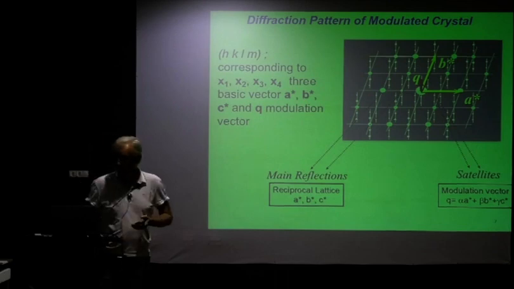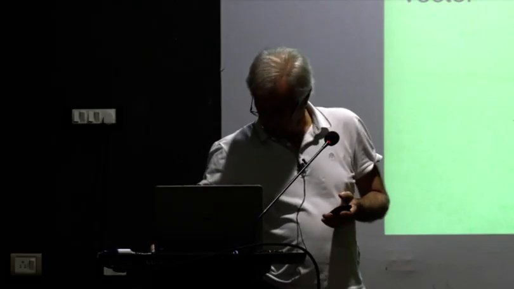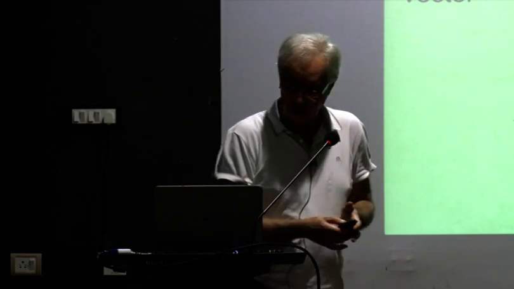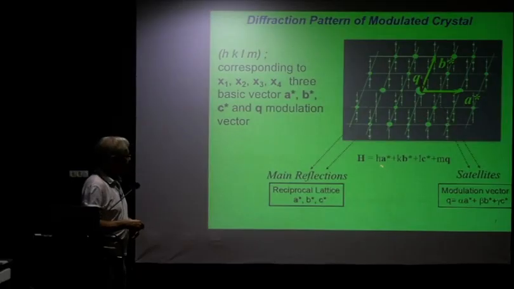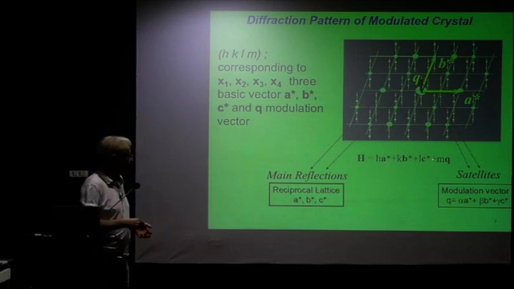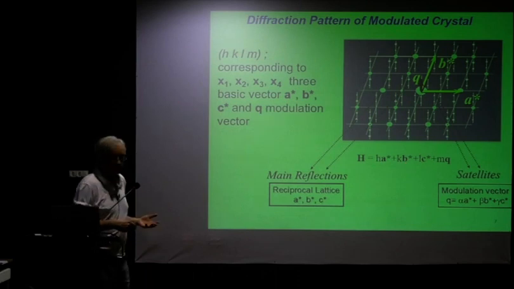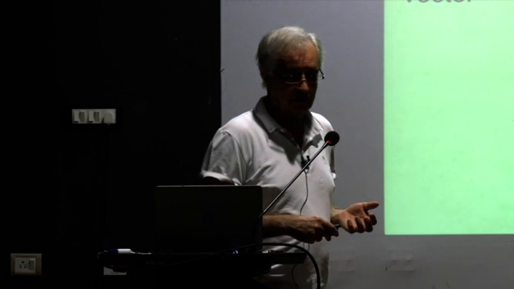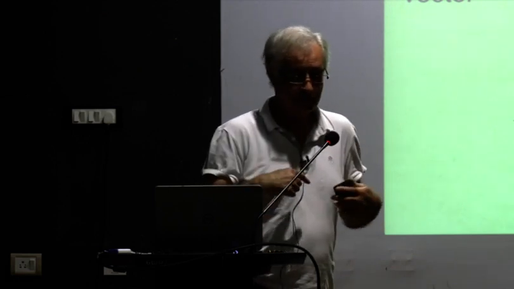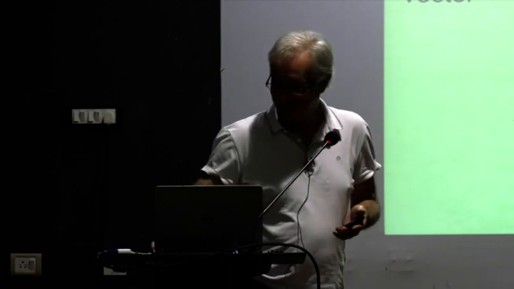So you have satellite peaks, and you have modulated structures, and your whole periodicity is then described not in 3 dimensions, but in 4 dimensions. So you have your reciprocal lattice vectors plus your Q vector, right? If I say something wrong, let me know, okay?